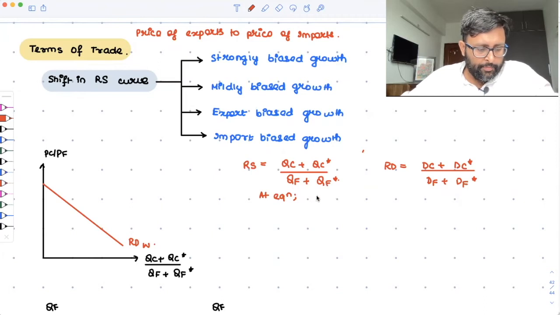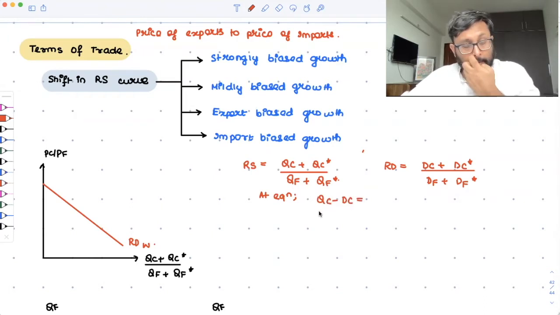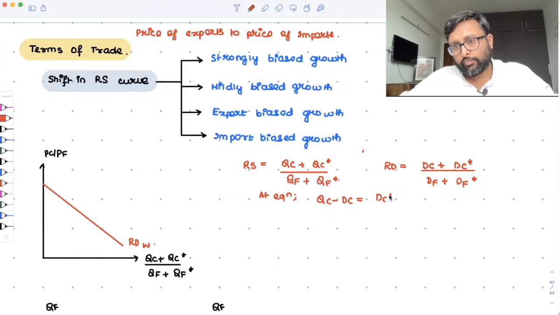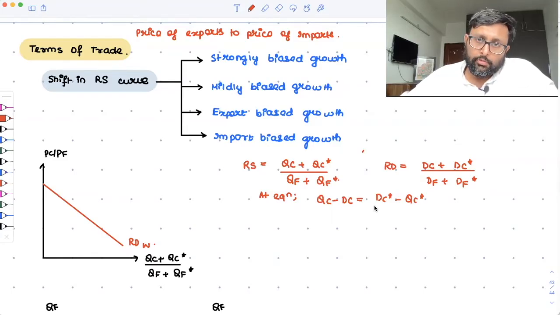So at equilibrium, QC minus DC, this is the amount of exports of cloth. So this is what is produced by home of cloth, minus demanded by home of cloth. So supply minus demand, that is exports of cloth by home, is equal to DC star minus QC star. So foreign is demanding more cloth and producing less cloth. So these are the imports.